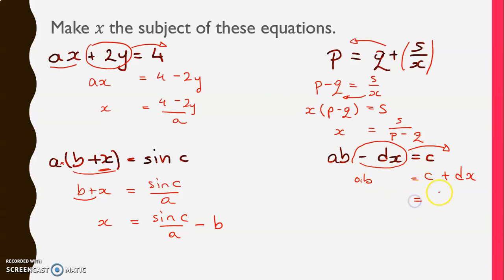Now we want to get rid of this c because our objective is to isolate x, remember. Therefore ab minus c will be equal to dx, and finally we want to get rid of d, ending up with ab minus c divided by d equals x, and we can leave it like that, as I said earlier.